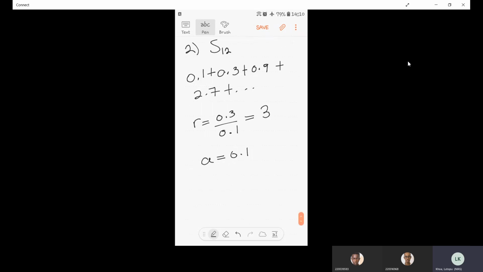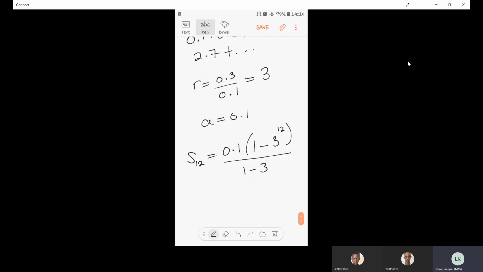Now to work out the sum of the first 12 terms, this is just equal to A, which is 0.1, multiplied by 1 minus R, which is 3, to the power of n, which is 12. And then I have 1 minus 3.